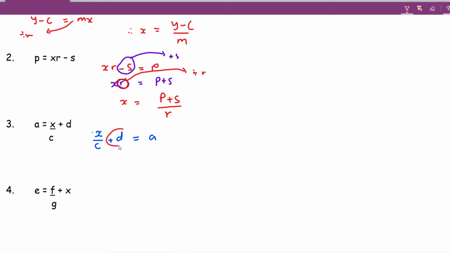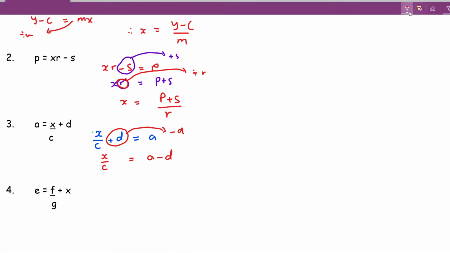This is the last thing that happened here. x got divided by c, then you add d to it. So the opposite of plus d is subtract d. So you end up with x over c is equal to a minus d. Now I want to take this c to the side, so x is being divided by c.